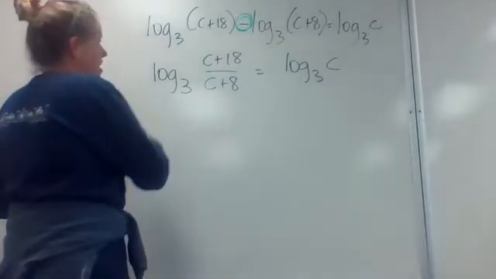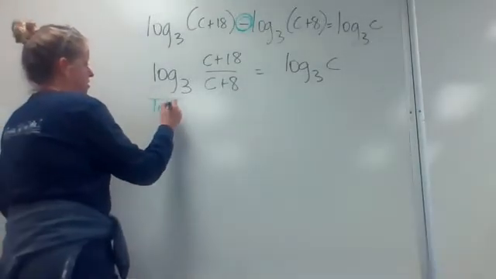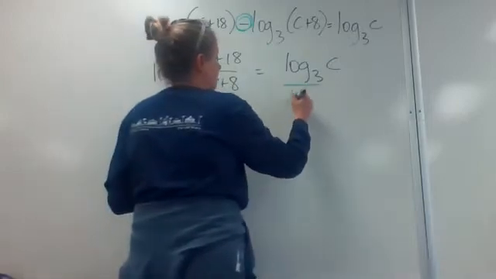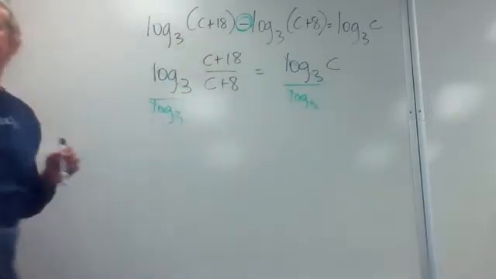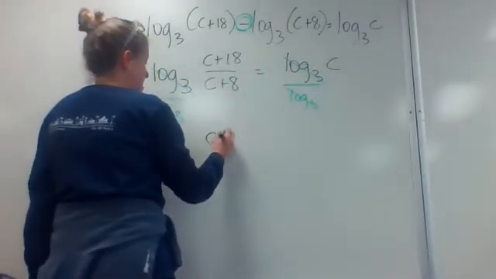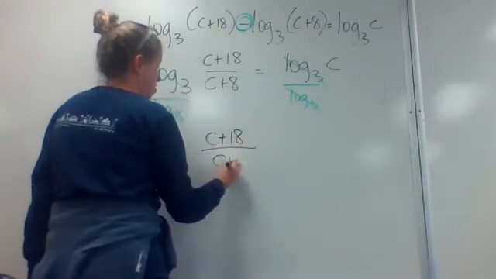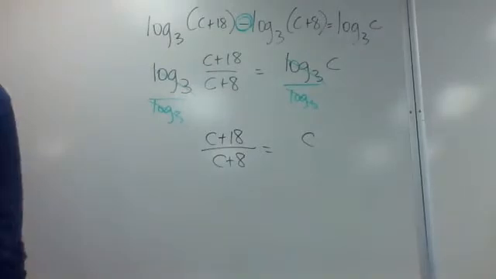Since I have log base 3 on both sides, I'm just going to divide it off to cancel it. So that cancels. So now I have c plus 18 over c plus 8 equals c.